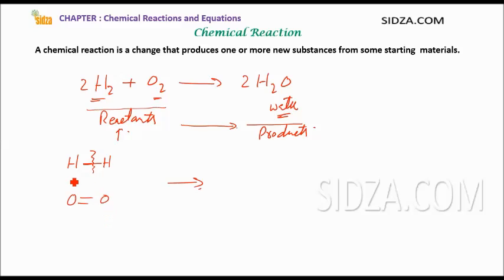Bond breaking is endothermic, it absorbs energy. You require energy to break the bond. Then hydrogen atoms form bonds with oxygen. Oxygen has a valency of 2, so 2 hydrogen atoms will react to form 1 water molecule.